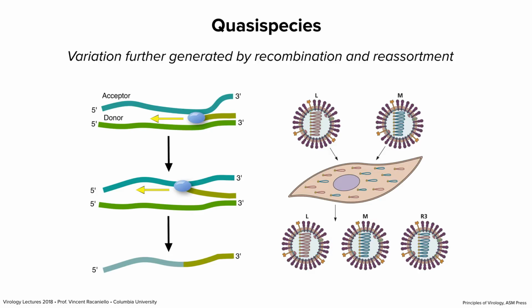Remember, genomes can be copied by polymerases, and the polymerase can go from one to another to make recombinant genomes. So that's recombination, or reassortment. If you have viruses with segmented genomes, co-infection of a cell can result in reassortants, which have segments from both parents. So these contribute to the quasi-species.